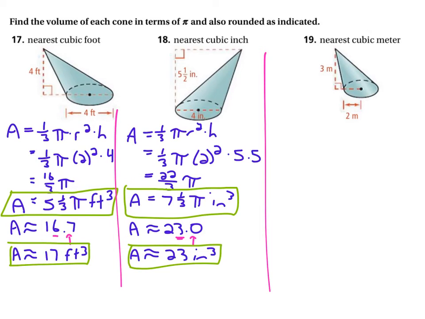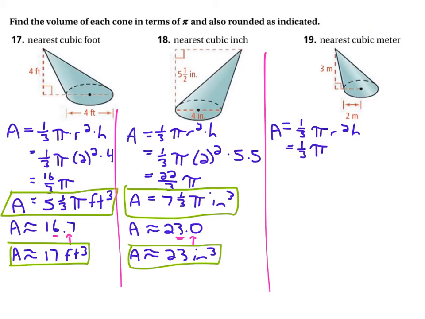And let's do it one more time. Volume equals one-third pi times the radius squared times height. And let's see what we know. One-third pi, what is the radius?